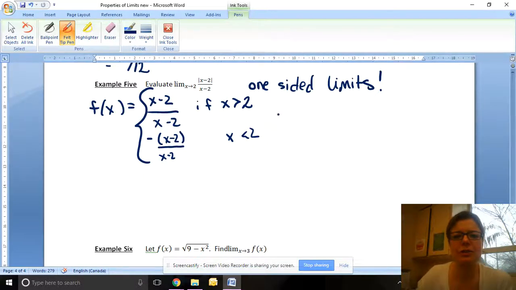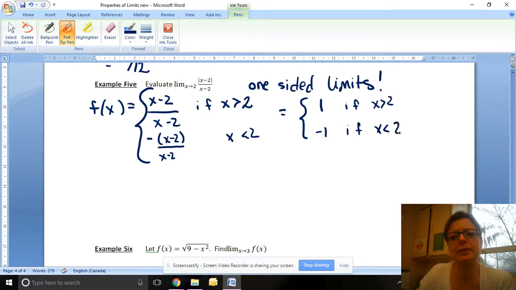So this x - 2 over x - 2 is really just the constant 1. If x is greater than 2, this function is just equal to 1. However, this is negative 1. So really this function is just equal to a horizontal line at negative 1 for all values less than 2.